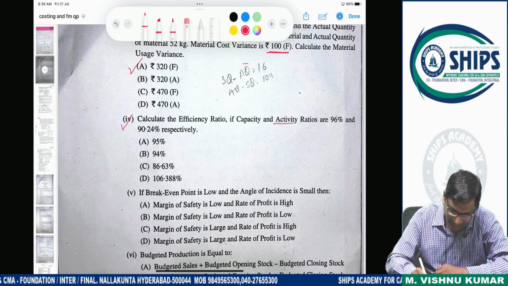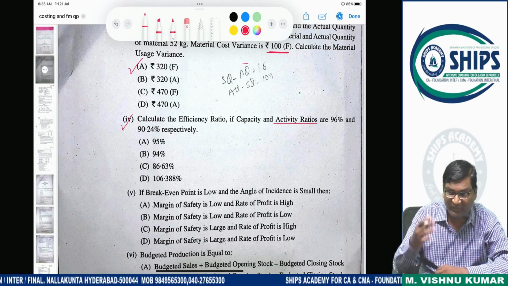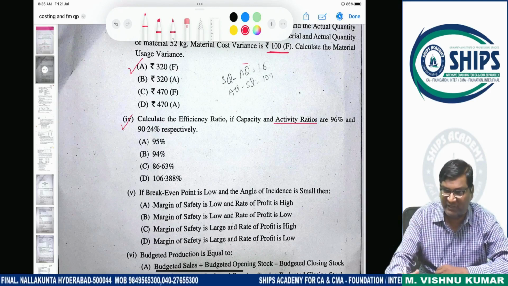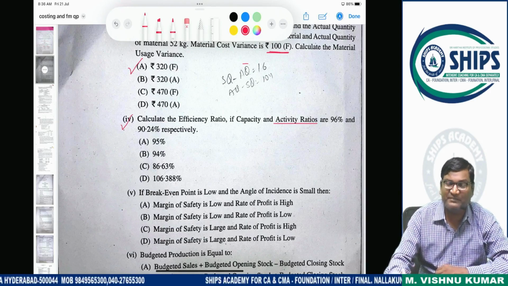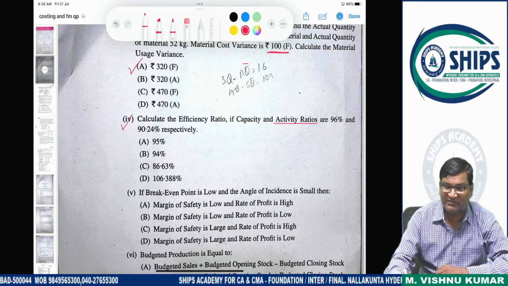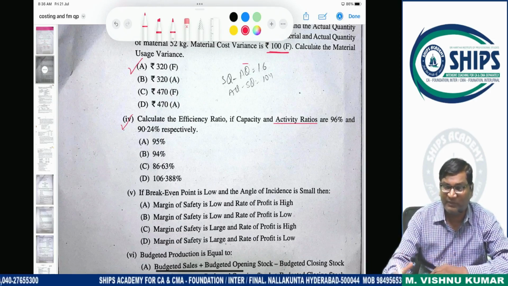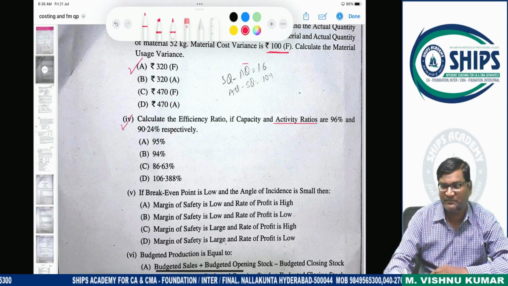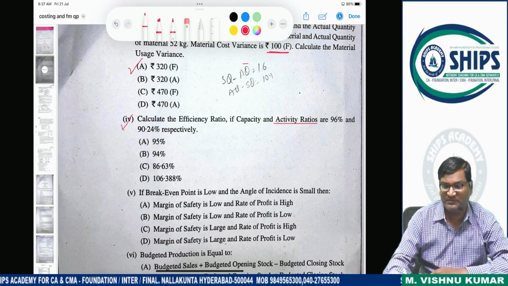So activity ratio. When we learn overhead variances, especially fixed overhead variances, we have different types of variances: cost variance, expenditure variance, volume variance. Volume variance is broken up into capacity variance, calendar variance, and efficiency variance.